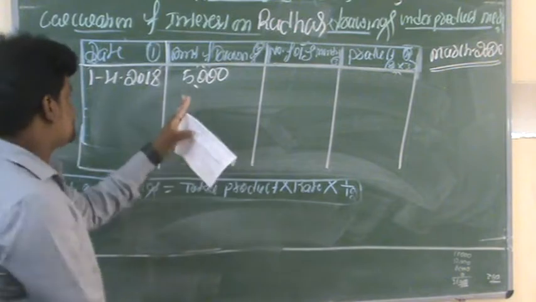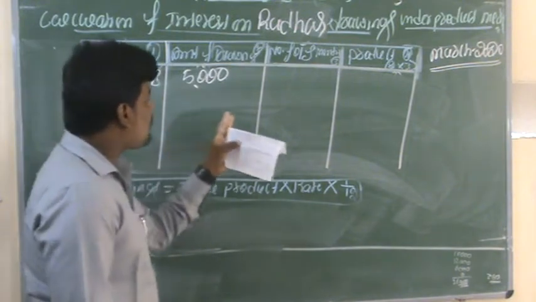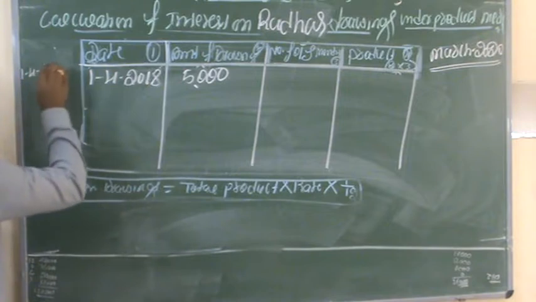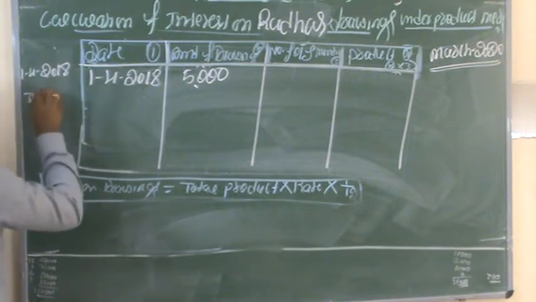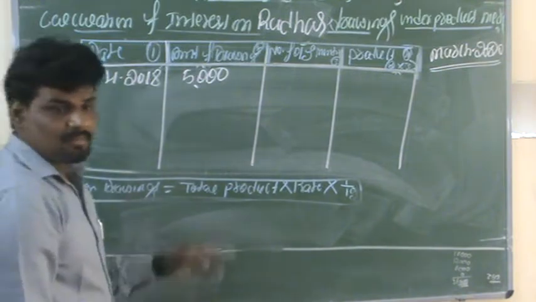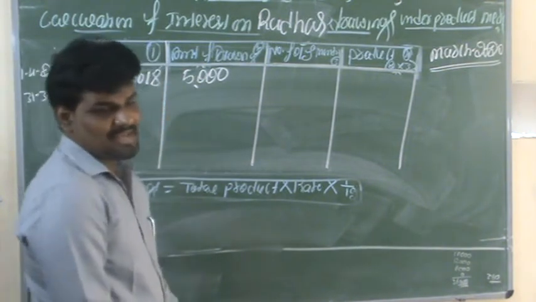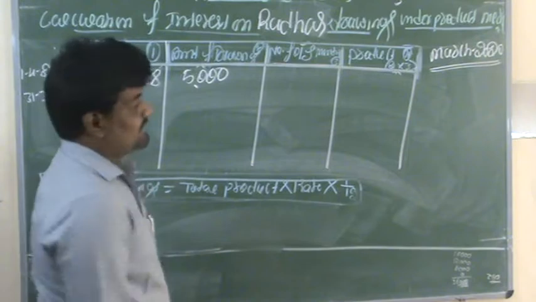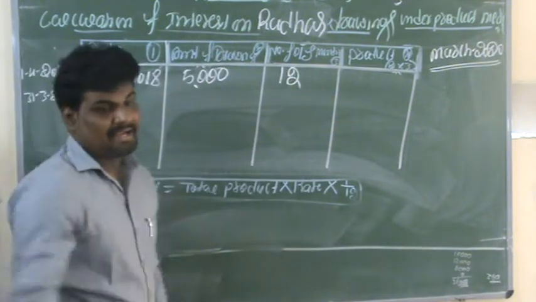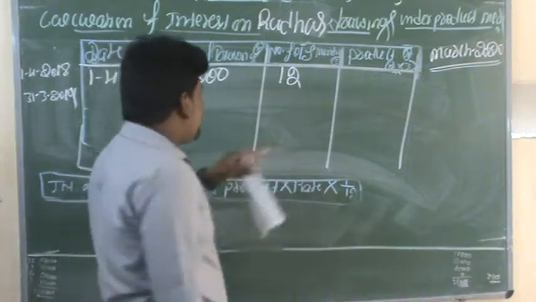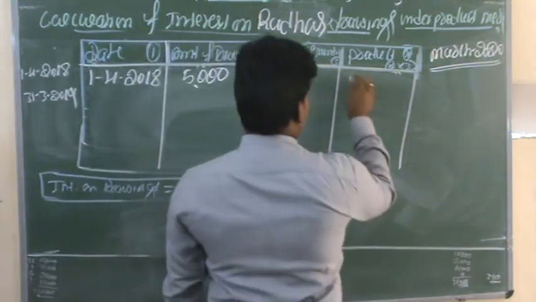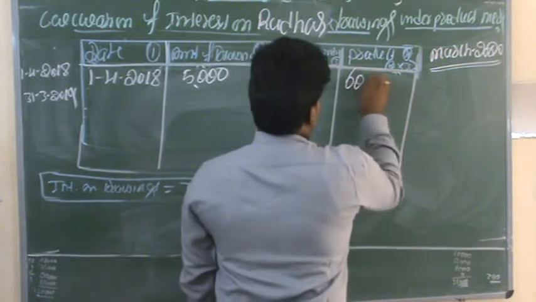Now we need to ascertain the outstanding period from 1/4/2018 to 31st March 2019, which is the assessment year. Since they withdrew at the beginning of the assessment year, the outstanding period is 12 months, from the beginning to the end of the assessment year. Now you have to multiply 5,000 into 12 months, which is 60,000.